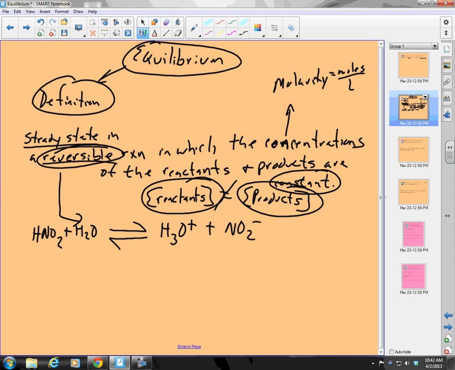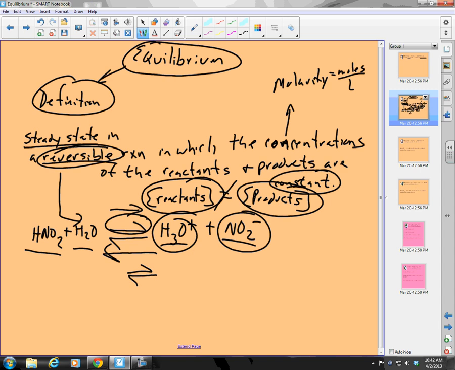This means that nitrous acid and water will react going in that direction to form hydronium and nitrite. But also, nitrite reacts with hydronium and goes back in the other direction to form water and nitrous acid. So that's what we call a reversible reaction, meaning the reaction could go from left to right, and it can go from right to left.